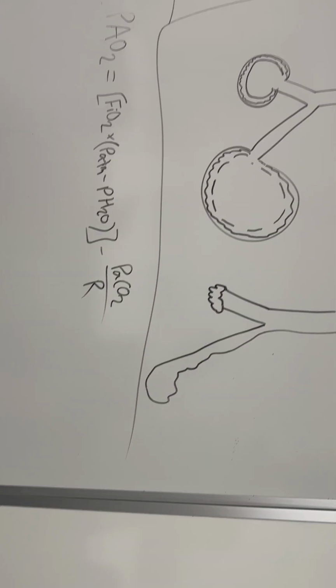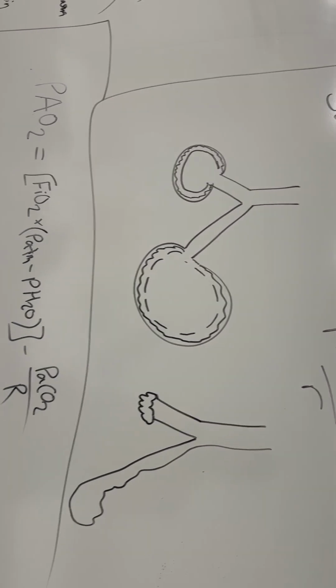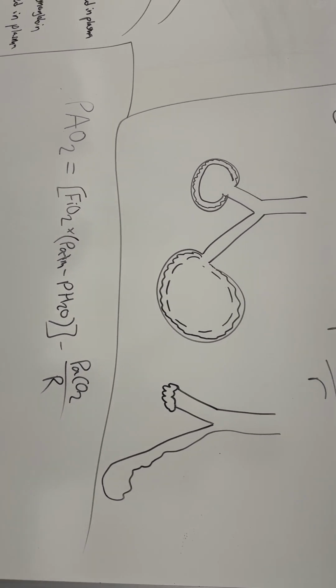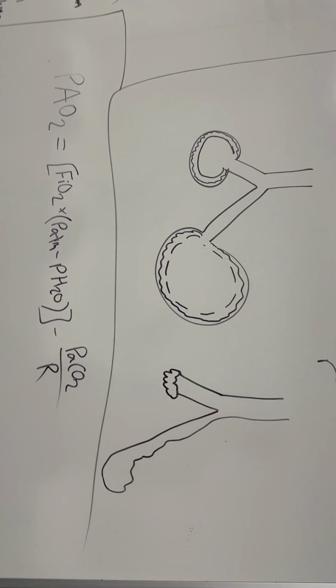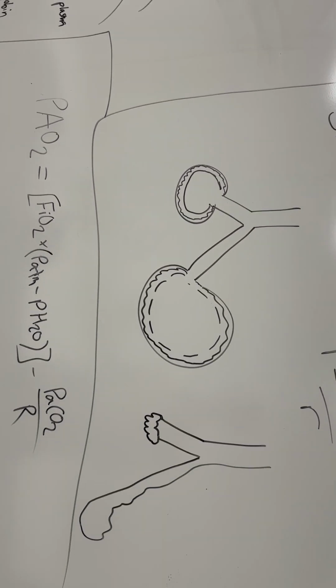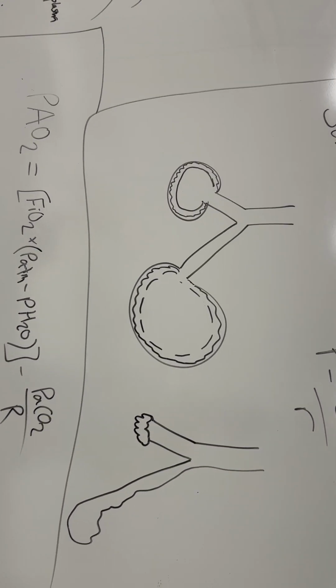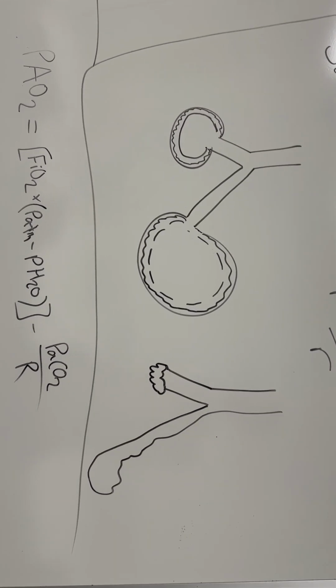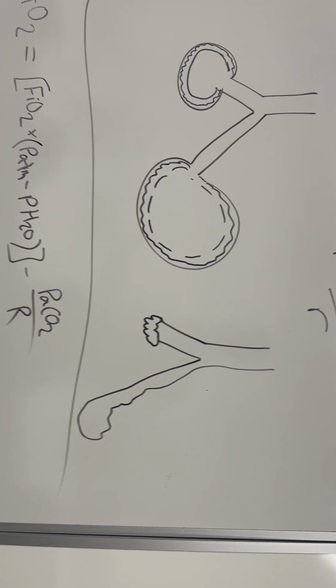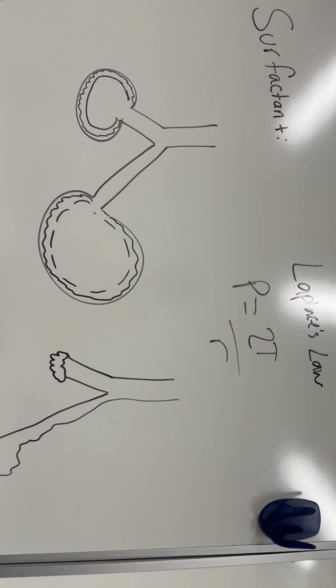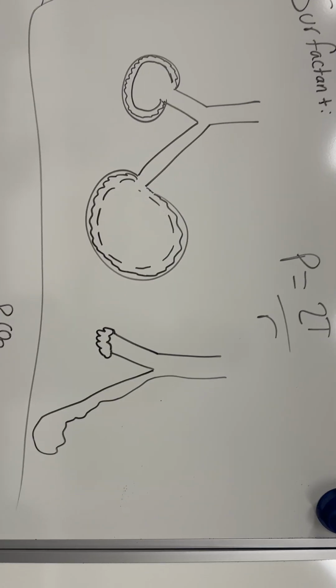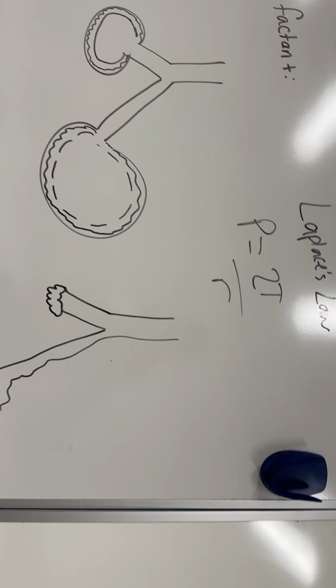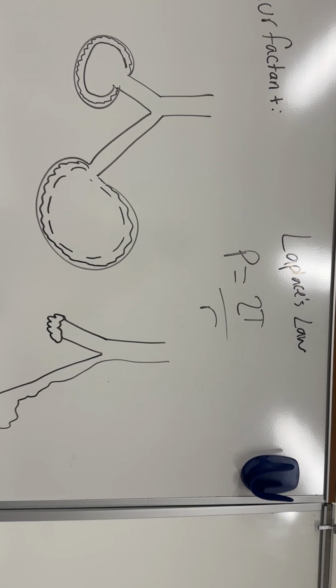And that air-water interface is going to create surface tension, where those water molecules are attracted to each other, and that is going to work to collapse the lung, or it's going to work to increase elasticity, right? So Laplace's law is a law of physics that states that the pressure is equal to 2 times the surface tension over the radius.